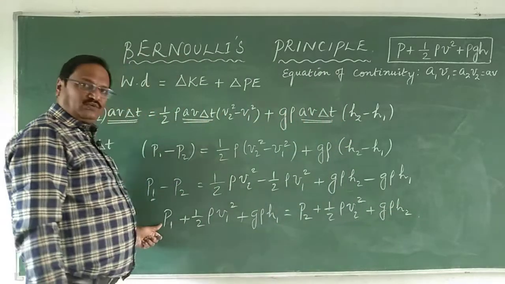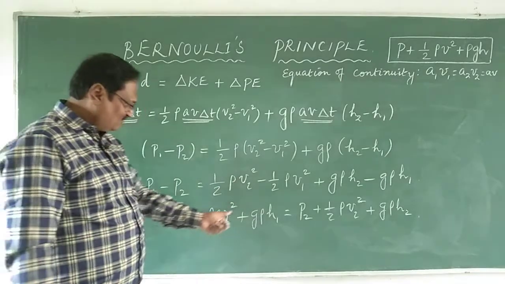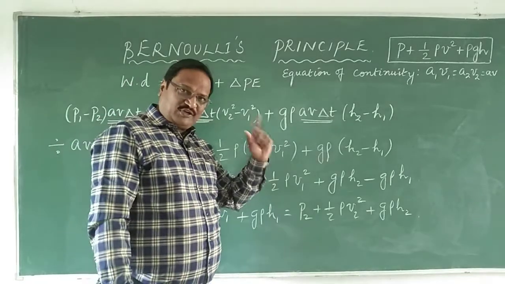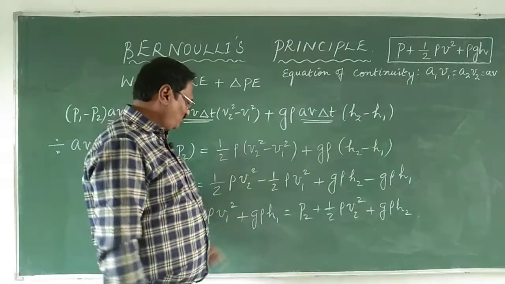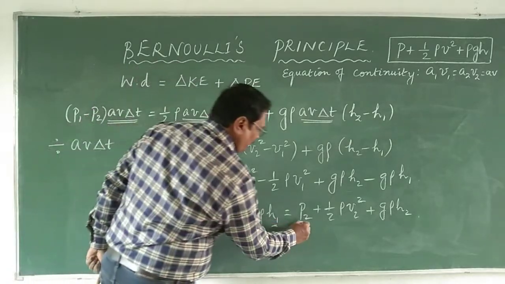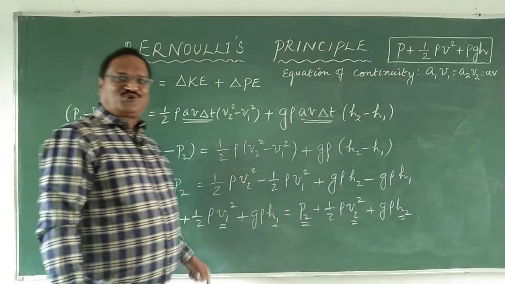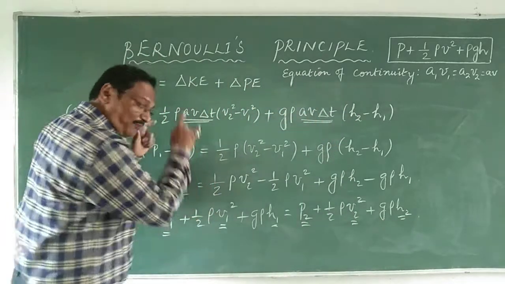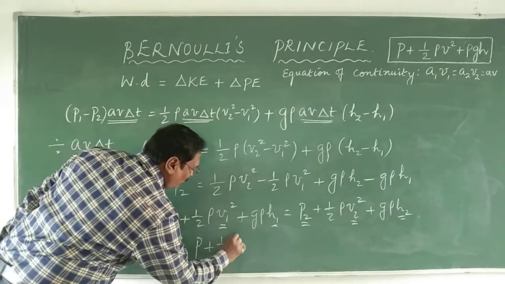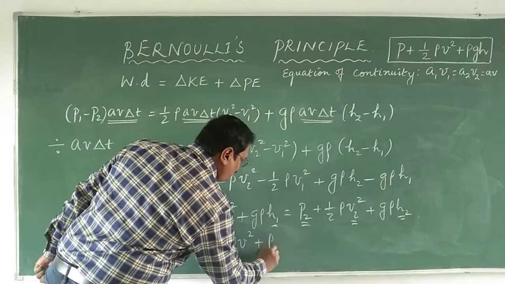Variable, you see, only H1, V1, P1 is changing on one side, and P2, V2, H2 on the other. So we can write simply, dropping the subscripts, P plus half rho V square plus rho GH.